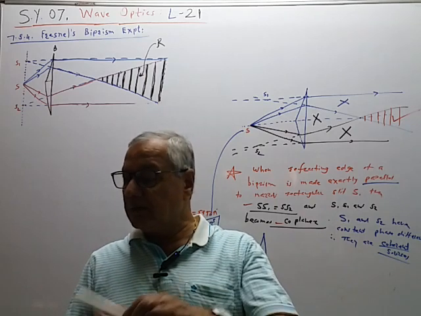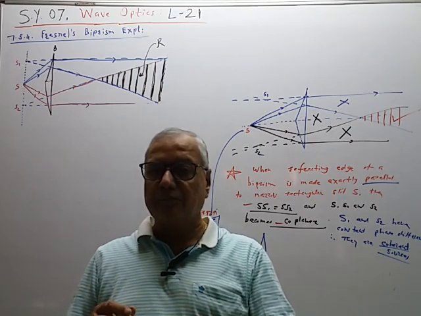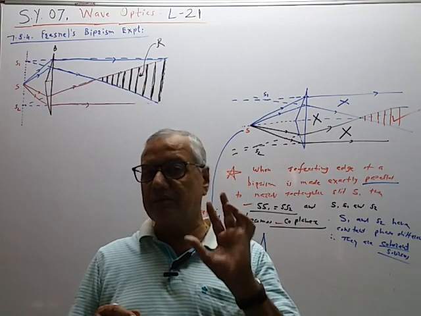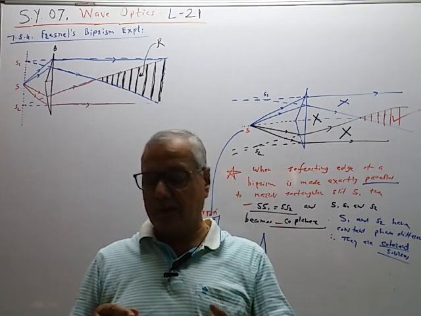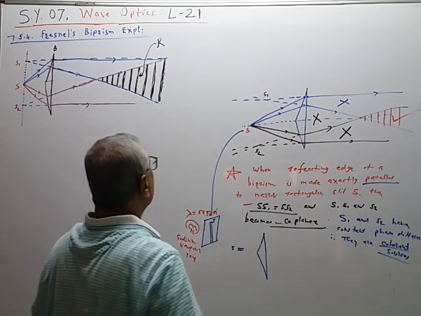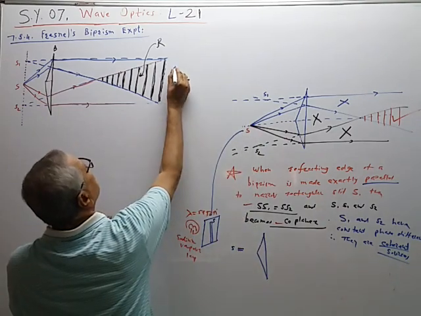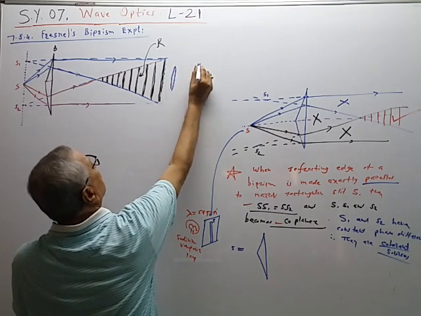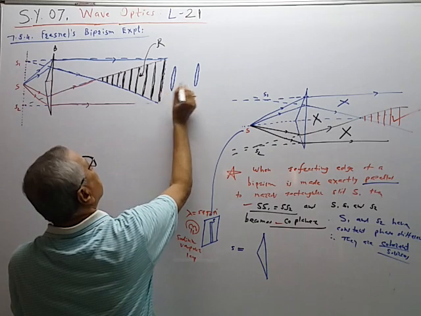We have to measure this separation, and for that purpose, we have to see the magnified images of the bright and dark bands. And for magnification on this side, we are using a micrometer eyepiece. We know different types of microscope.